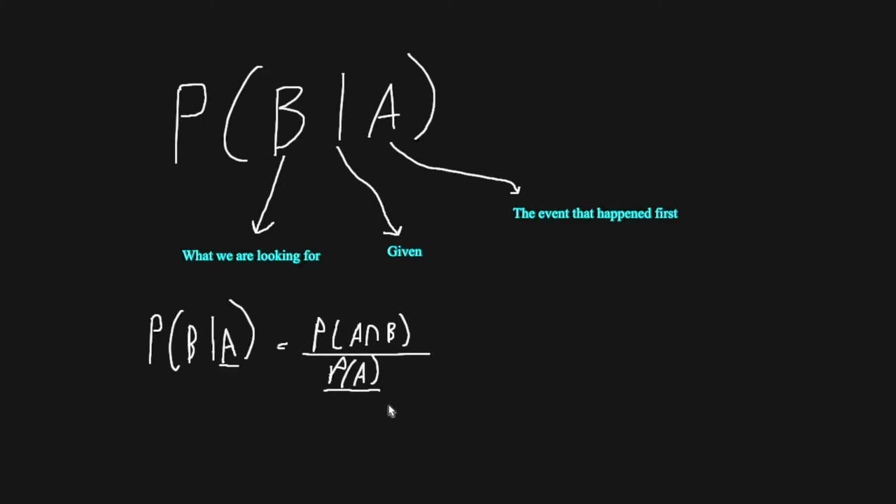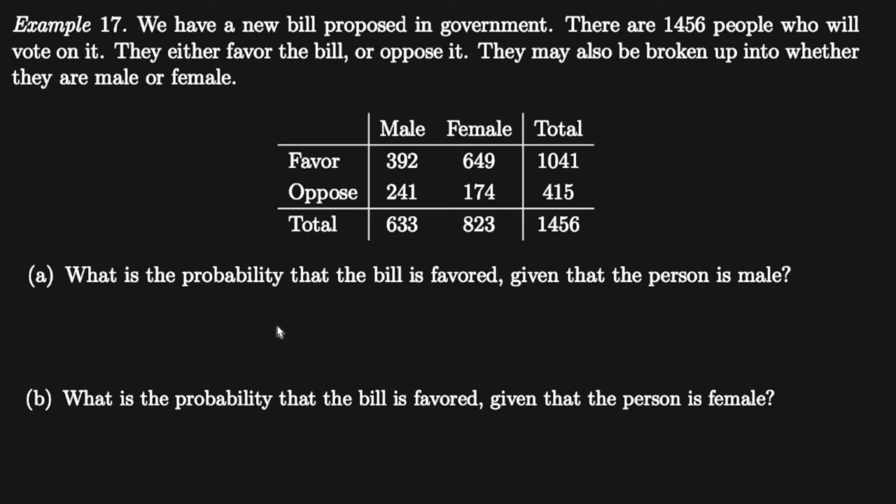So if I had the probability of A given B, the numerator would be the same thing and the denominator would just be the probability of B. This is the conditional statement.